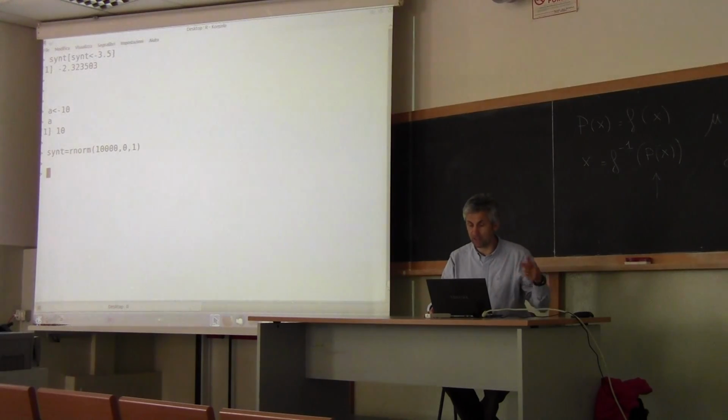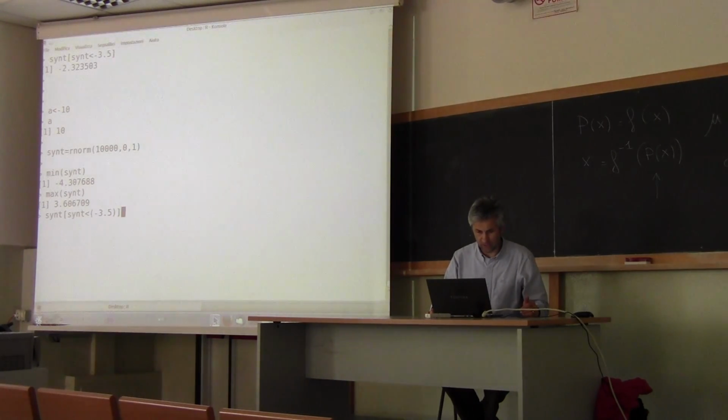So I'm starting again from the beginning. Sorry for that. And I need the minimum and the maximum of this vector: the minimum is minus 4.30 and the maximum is 3.60. Again, I have to start from minus 4.5 to plus 4.5 to draw the density of this vector. So I define again the vector with a dimension of 18. That's fine.